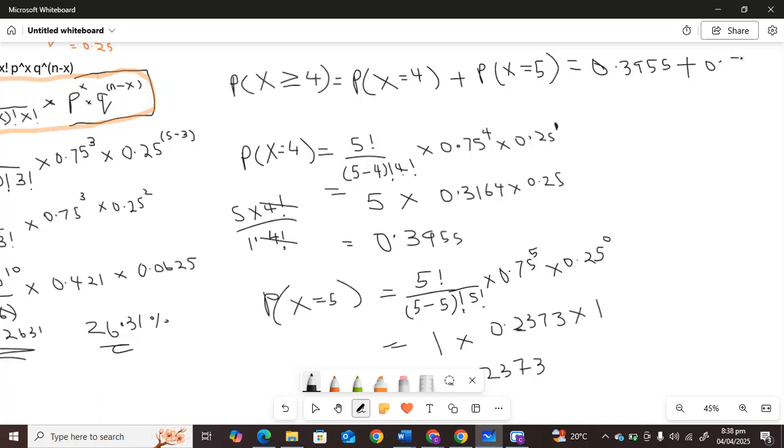So when we add 0.3955 plus 0.2373, what do we get? 0.6328.